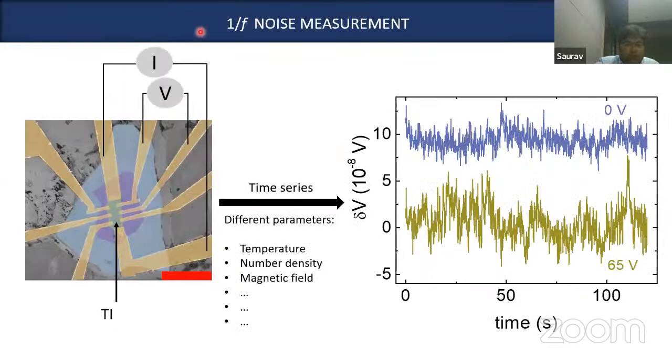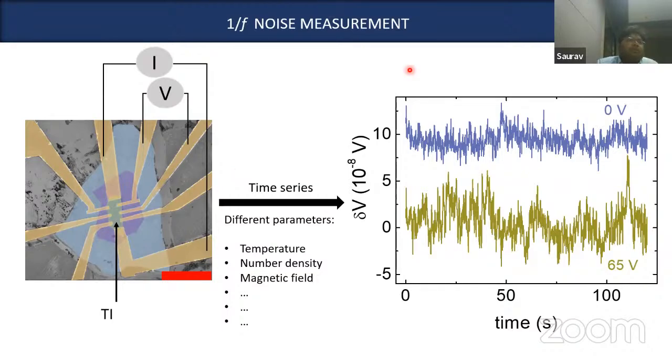So now we come to noise measurement. We essentially use a constant current circuit, and depending on the sample and the temperature, we pass around 100 to 10 nanoamperes of current. We record the time series from which we calculate the power spectral density. And then, of course, we change different parameters like temperature, number density, and magnetic field.